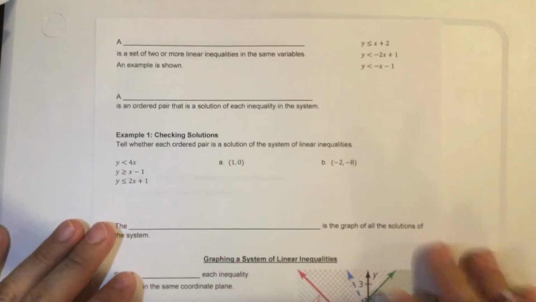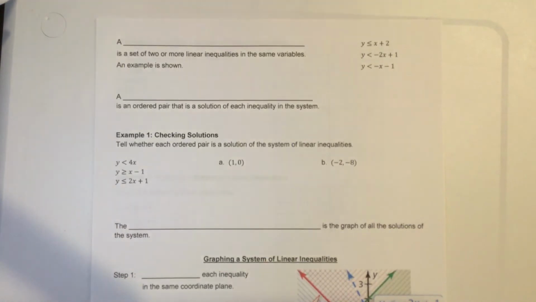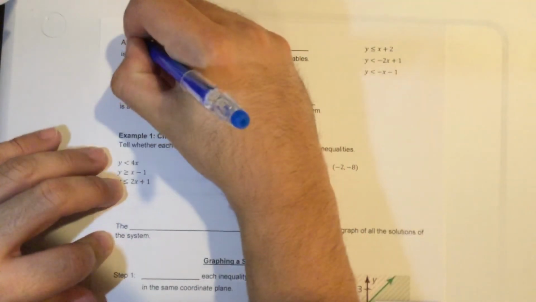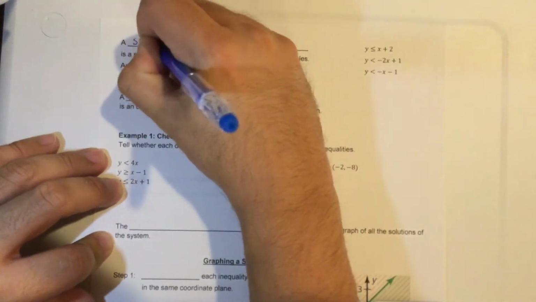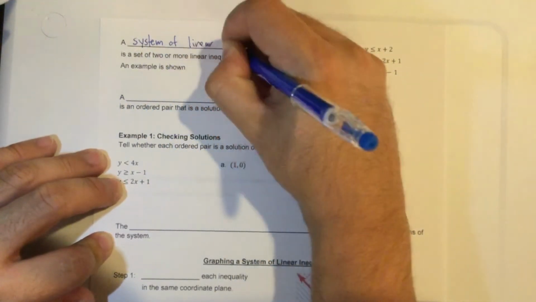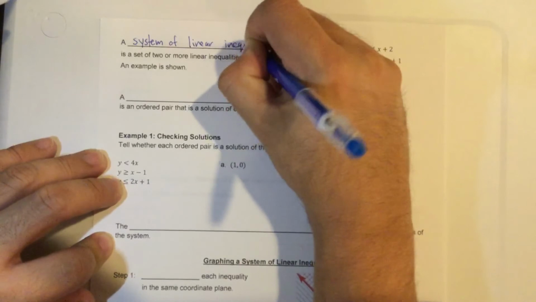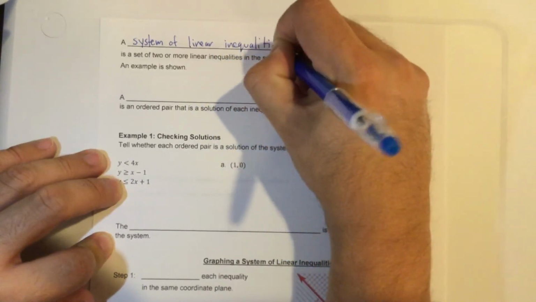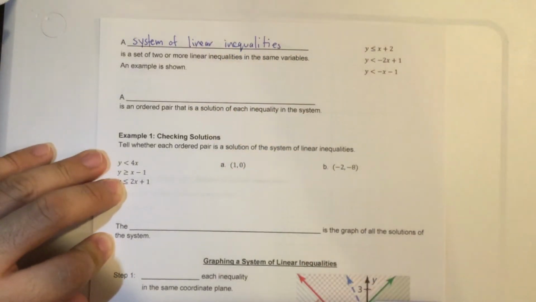Okay, so now we're going to get into how to solve systems of linear inequalities. So the first thing it says is a system of linear inequalities is a set of 2 or more linear inequalities in the same variables.